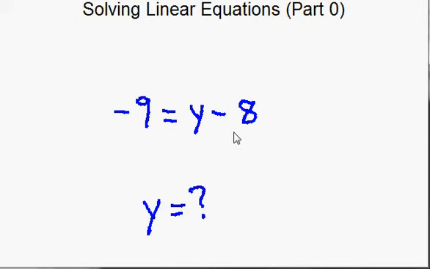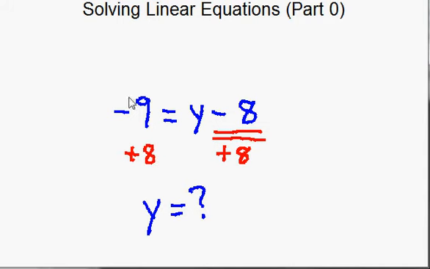So what I really need to do is to get rid of this -8, don't I? Because I don't want that on this side. What's the proper way to get rid of the -8? You add 8. And whatever you do to the right side, you've got to do the same thing to the left side. That's the way equations work, right?